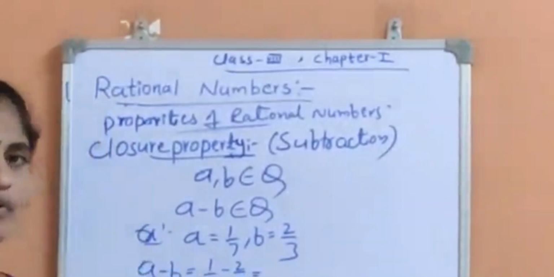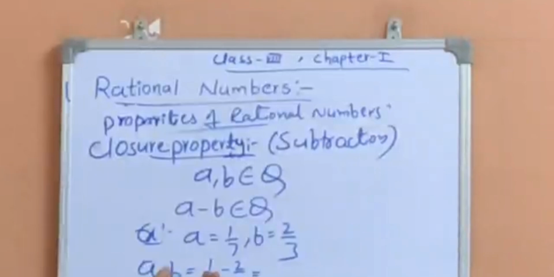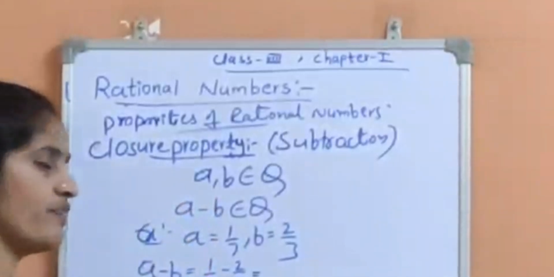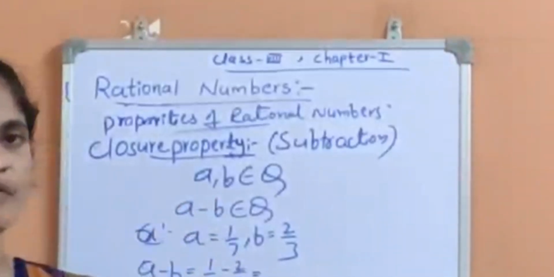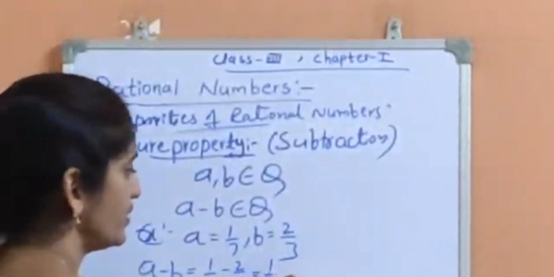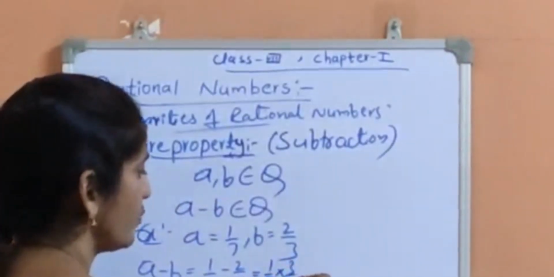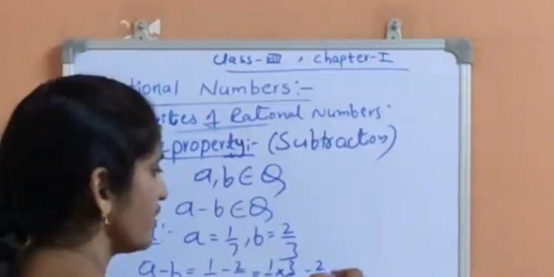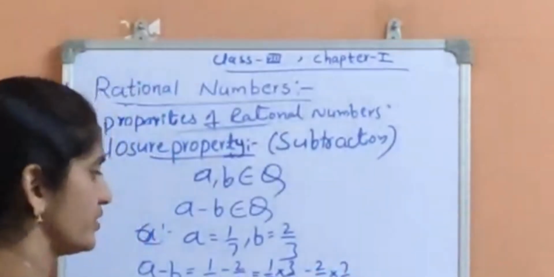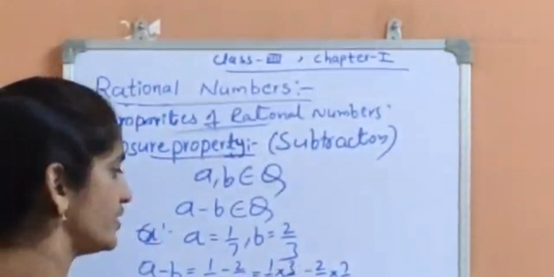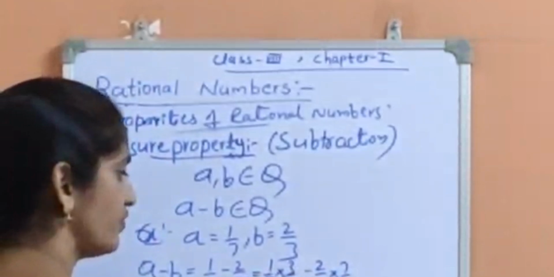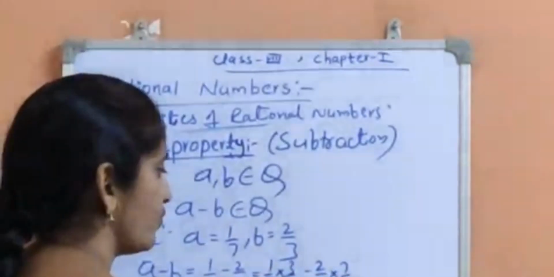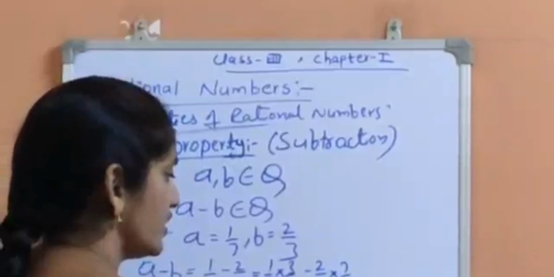These are unlike fractions, we can't subtract directly. So first we convert them to like fractions. 1 by 7 into 3 by 3, multiplying the first fraction with the second denominator and the second fraction with the first denominator. 1 3s are 3 by 7 3s are 21, minus 2 7s are 14 by 3 7s are 21.